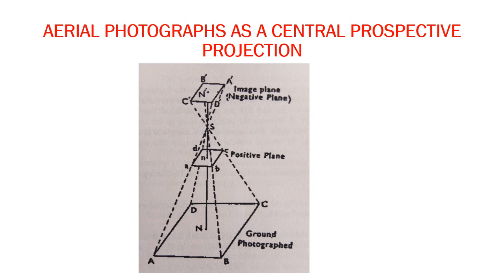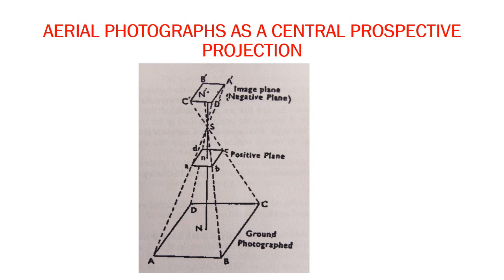The points small a, b, c, d are in a negative plane, the points capital A, B, C, A dash, B dash, C dash and D dash are in a negative plane, and point A, B, C, D small are in a positive plane respectively.